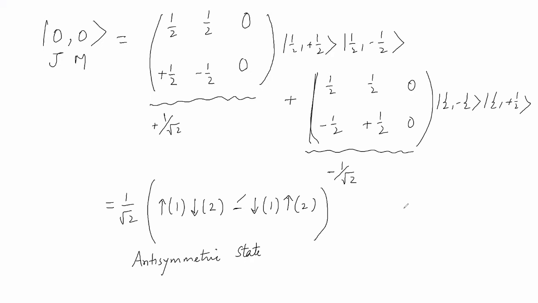Therefore, what we realize is that S is equal to 1, Sz is equal to plus 1, 0 or minus 1, these three are symmetric states, while S is equal to 0 and Sz is equal to 0, this state is an anti-symmetric state.